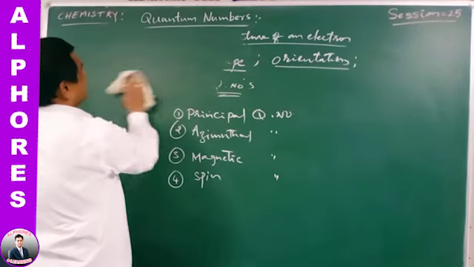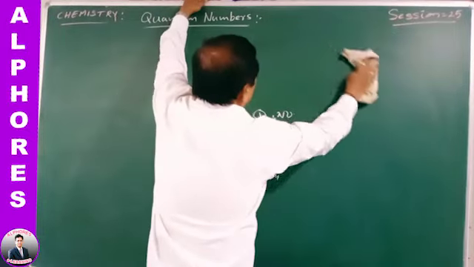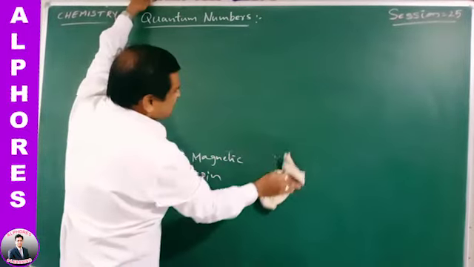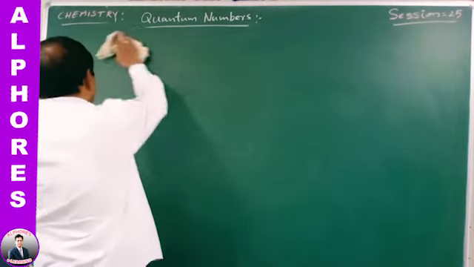Principal quantum number was explained by the scientist Niels Bohr.